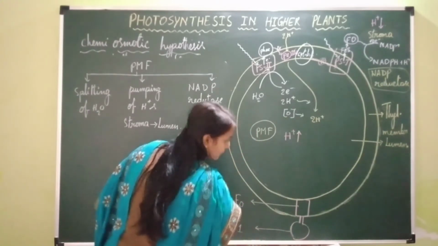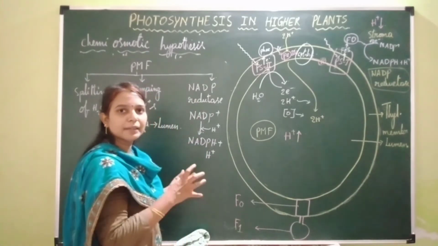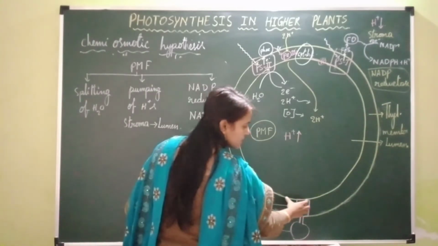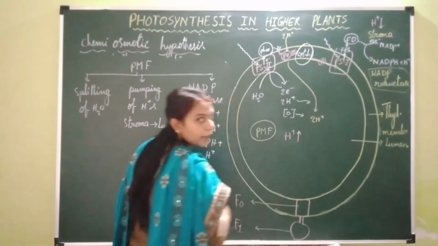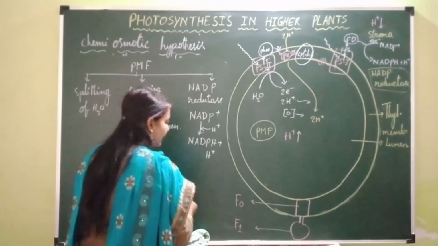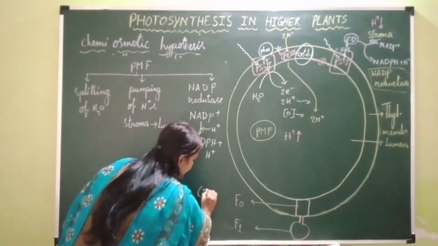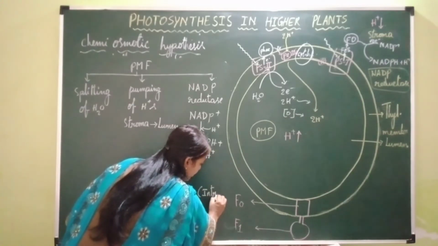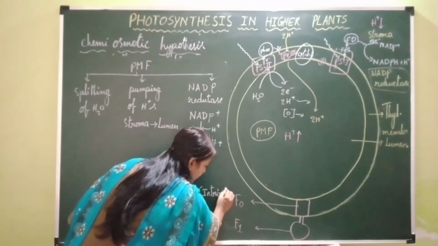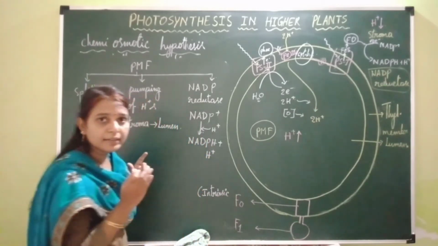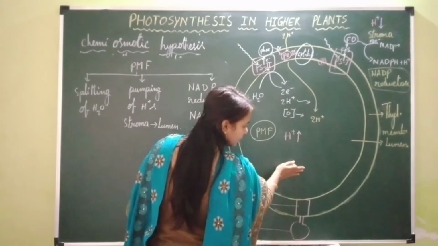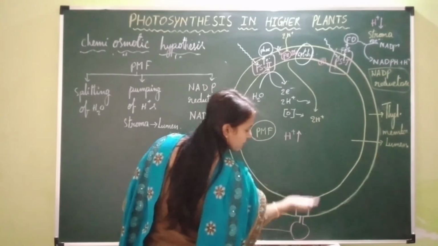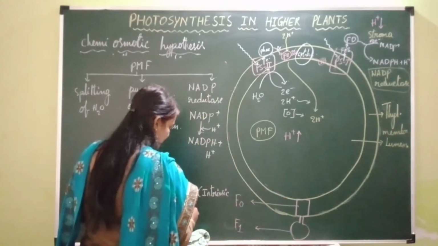So this F0 part is an intrinsic protein, because it is completely buried inside the thylakoid membrane. And what is the function of this F0 part? It provides a transmembrane channel for the transport of protons from lumen towards stroma, that is towards the F1 particle of this ATP synthase enzyme.